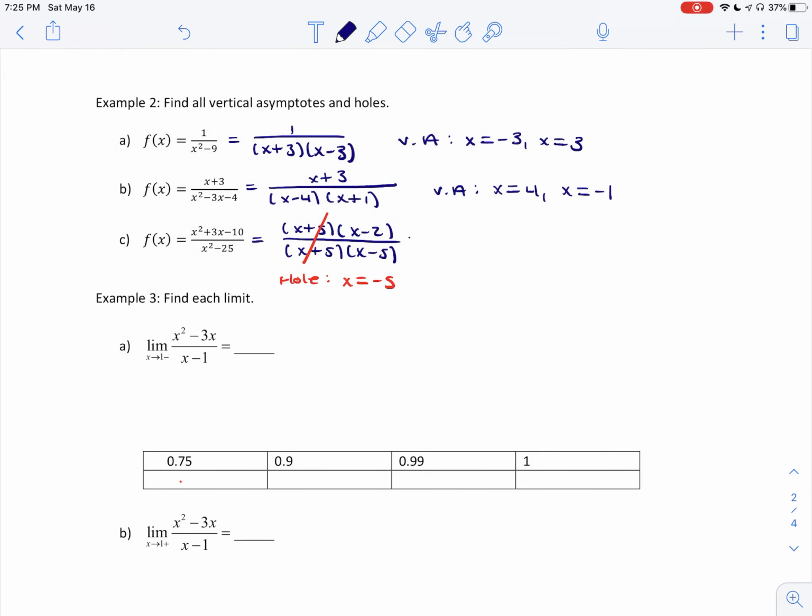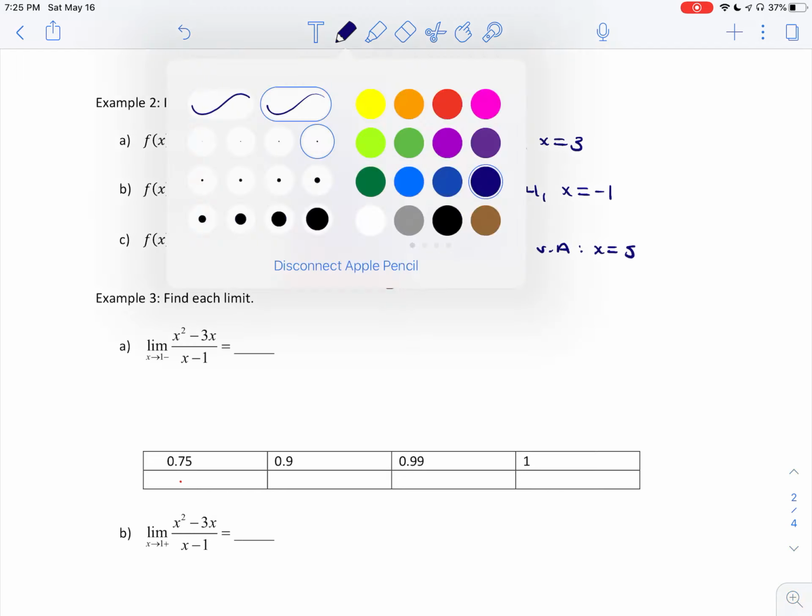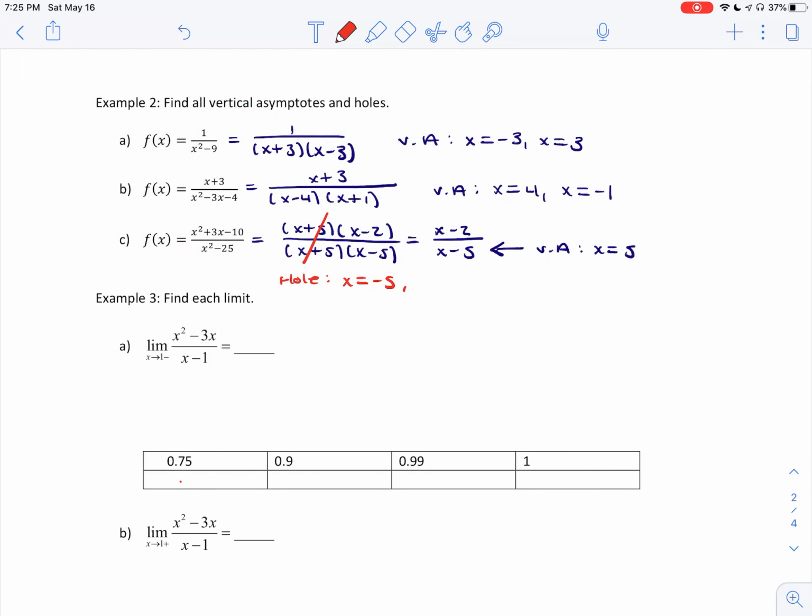Let's go ahead and keep simplifying our function here. This will simplify down to x minus 2 over x minus 5. And then from the denominator that's left, we get a vertical asymptote at x equals +5. Now to finish finding the hole, we still need a y coordinate.